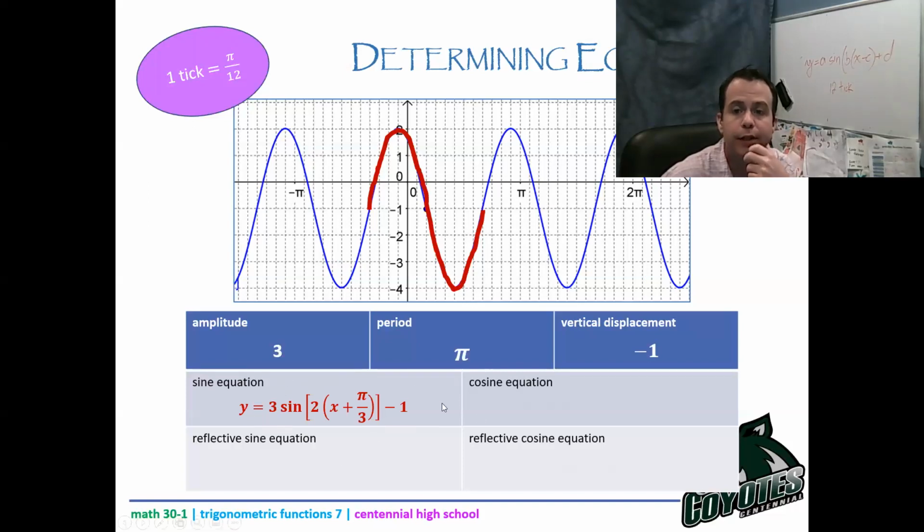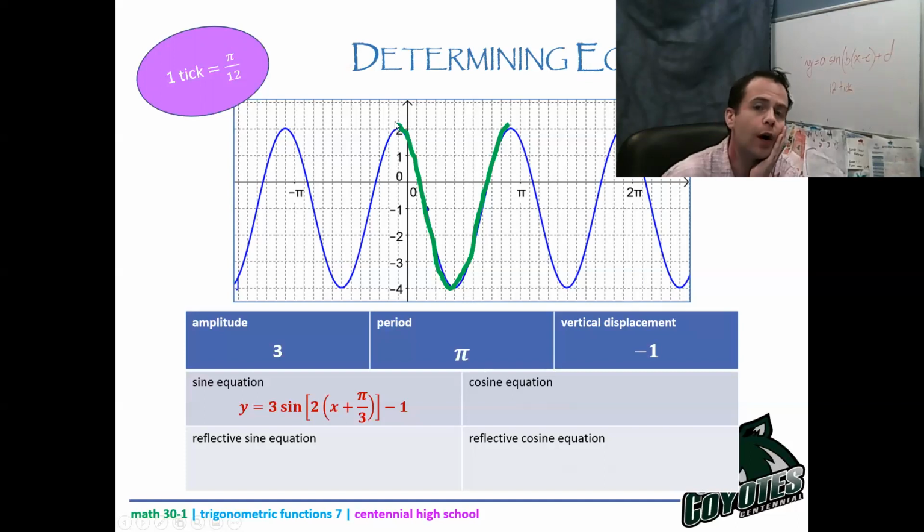Then we take a look at a cosine equation. Well, a cosine equation starts at a maximum and heads down. So I want you to find on your graph the closest to the y-axis where you would start on a maximum and head down. So here's the picture I'm hoping that you found. If there was no phase shift, that would have started on the y-axis.